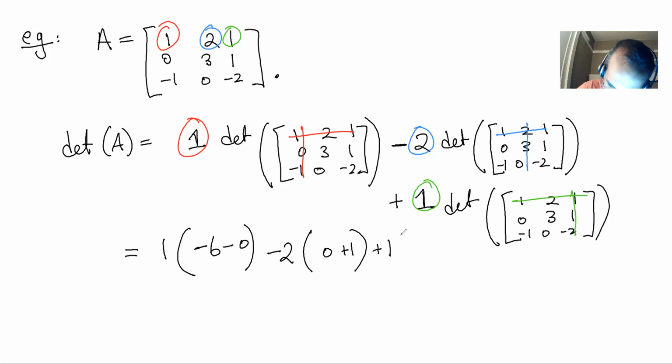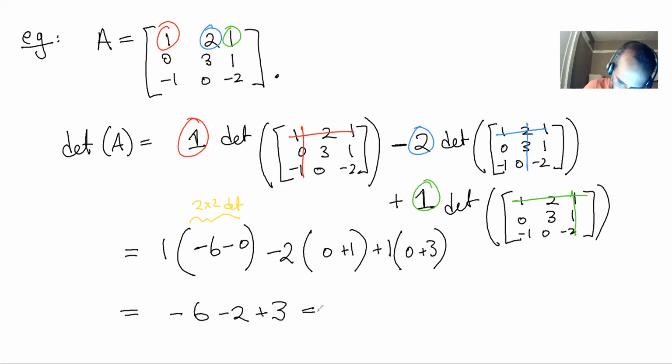And then you have plus 1. You have 0 plus 3. And here I've used the 2 by 2 formula, right? So what I'm really doing here, this is a 2 by 2 determinant. And then, okay, this is -6, -2 plus 3, otherwise known as -5.